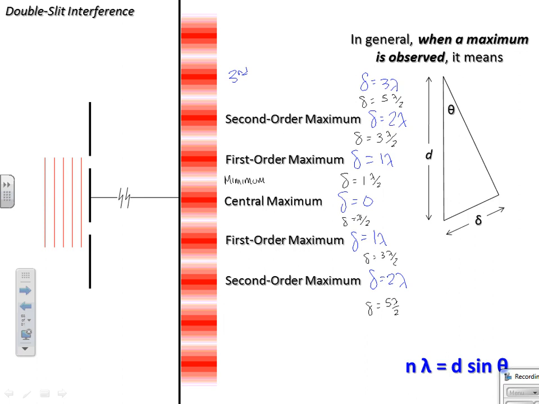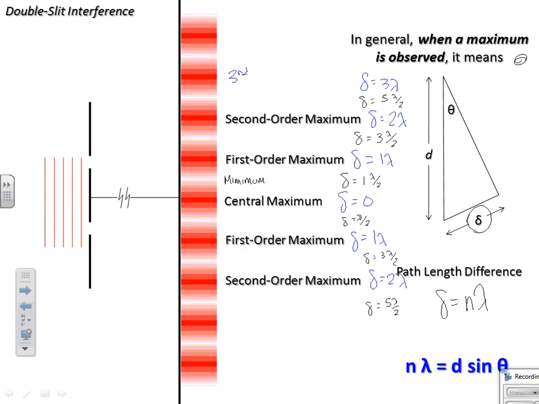Okay? So in general, when do you see a maximum? In general, you see a maximum if the path length difference, delta, is an integer number of wavelengths.